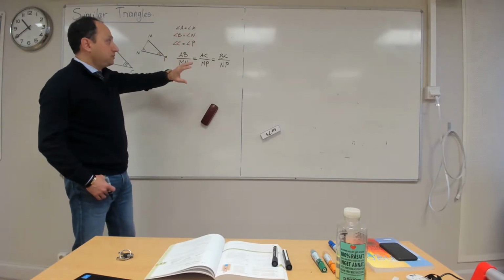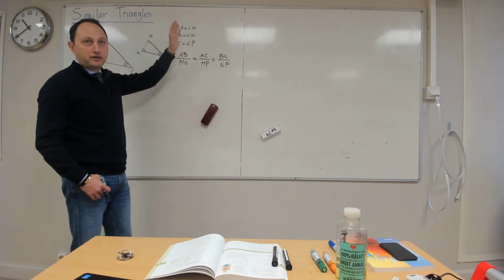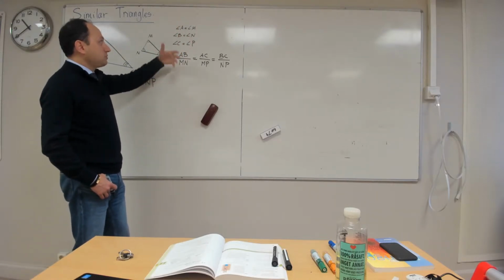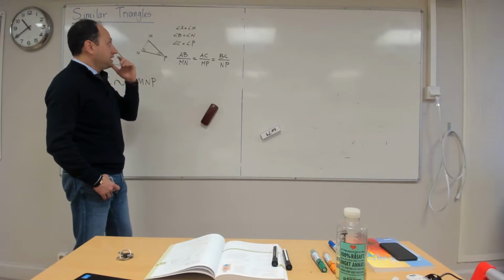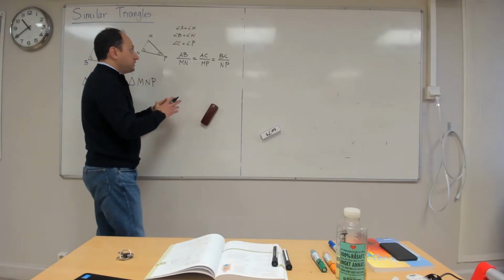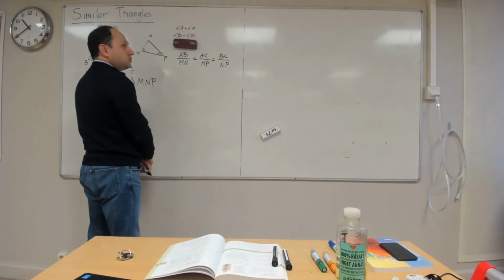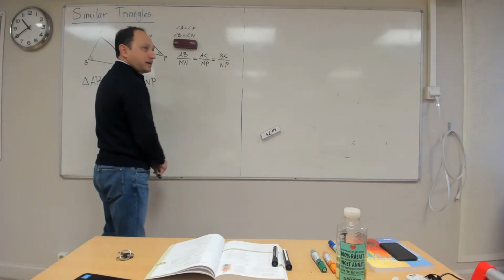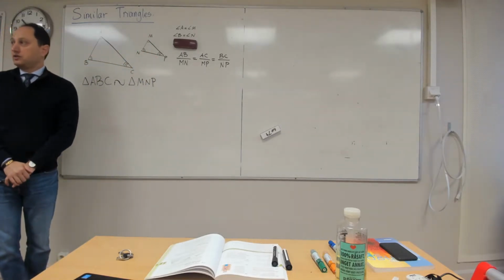Is that clear? But it is not that clear that I can relax this condition to only two angles, and that is not the topic of your lesson. You need to take it for granted, okay? We don't have that much time if I want to teach why this is the case. It turns out that you can prove that if I have only these two, this is also automatically fulfilled, which is not trivial at all.